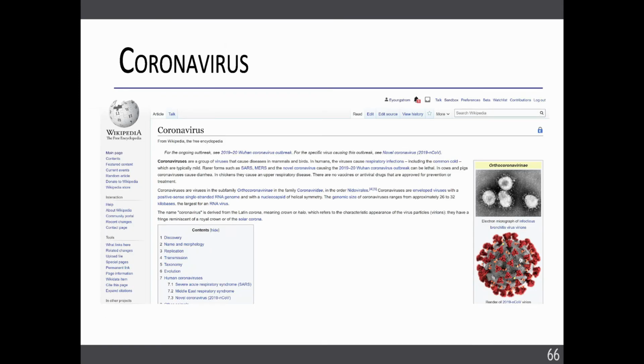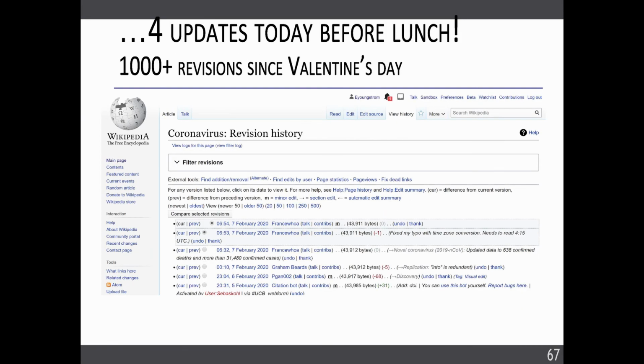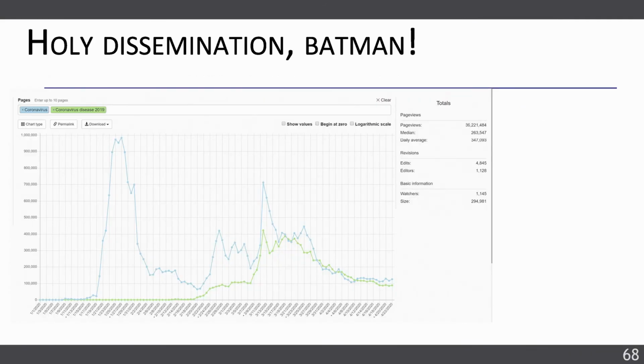This is the article on coronavirus. 4 edits before lunch, 1,000 revisions since Valentine's Day. And it gets viewed at the peak over in December. It was getting viewed 1 million times per day.